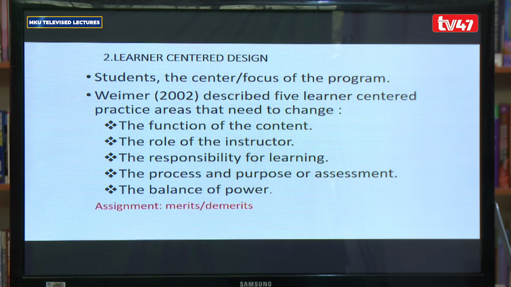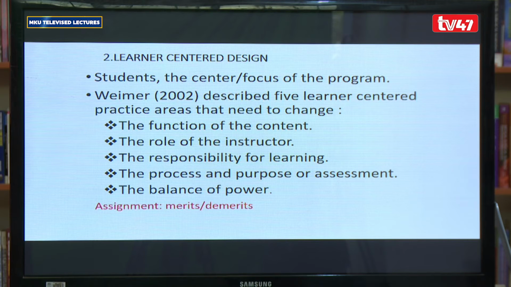Then secondly, the second design is the learner-centered design. Here, students focus on the program. And Weimer in 2002 described the 5 learner-centered practices. These include the function of the content based on the learner, the role of the instructor being learner-centered, the responsibility for learning being the learner's, and the process and the purpose for assessment, which is to enable us to see where the learner is at a particular time.